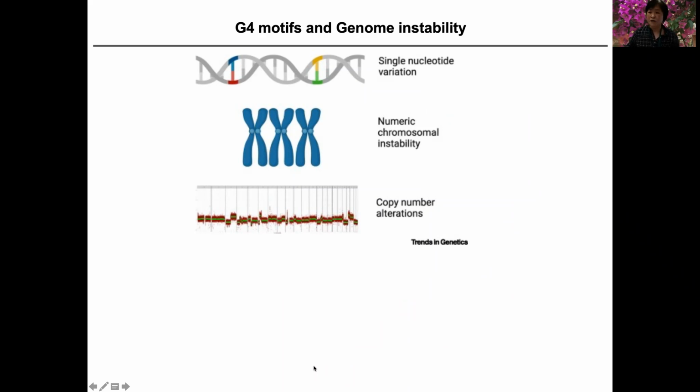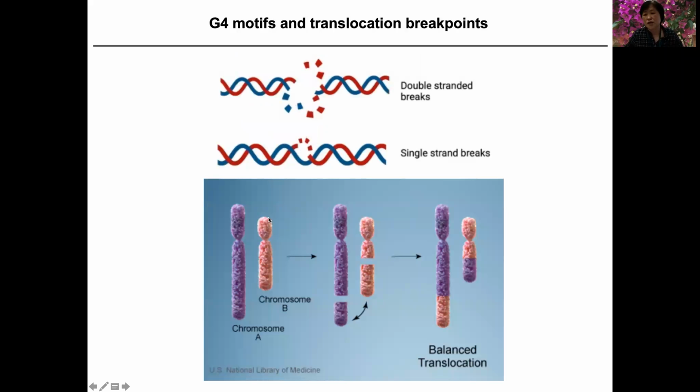An obvious thing that people recognize are mutations, that is single nucleotide variations. There can also be a very large change, like the number of chromosomes can change down to monosomes and trisomes. And also you can have small parts of the chromosome change copy numbers through deletions and amplifications. There are also a very unique type of genome instability called translocations.